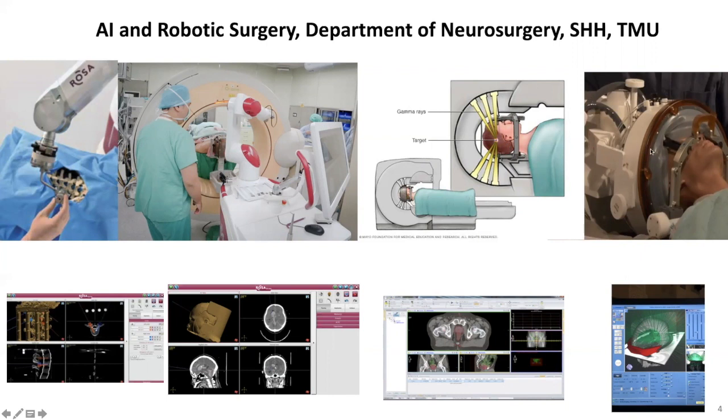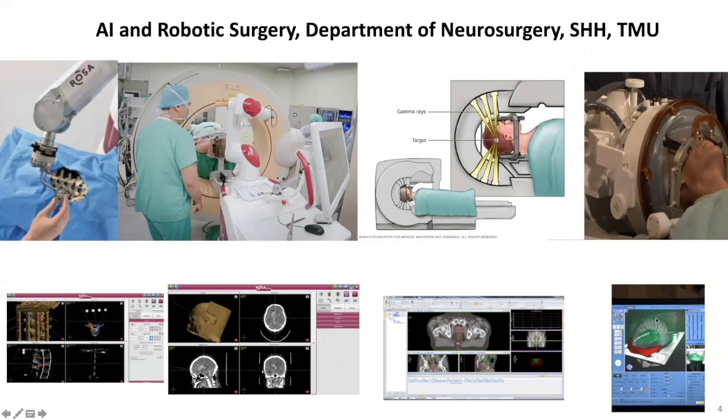Then this is the focused ultrasound. That is the latest technology we got from Shanghai Hospital. It's quite expensive, I think more than 3.5 million US dollars. It uses ultrasound as a heat source.